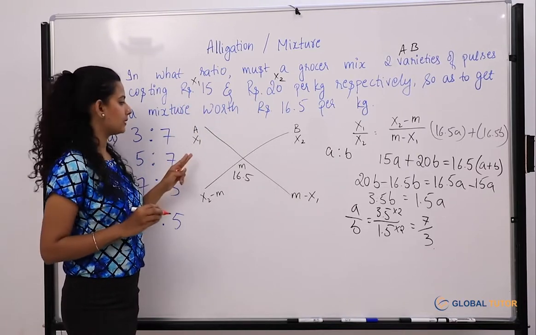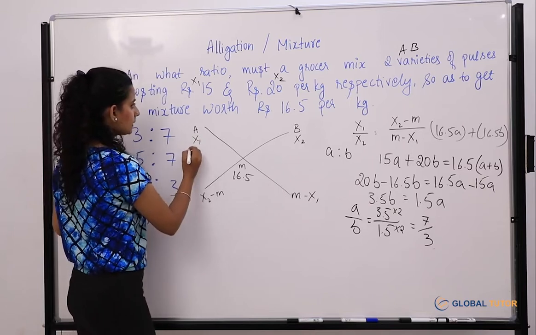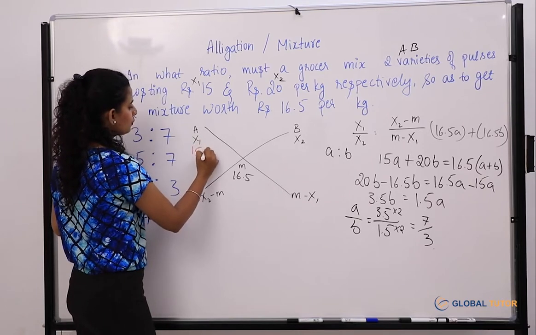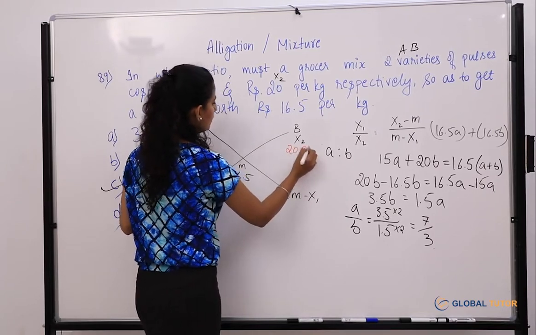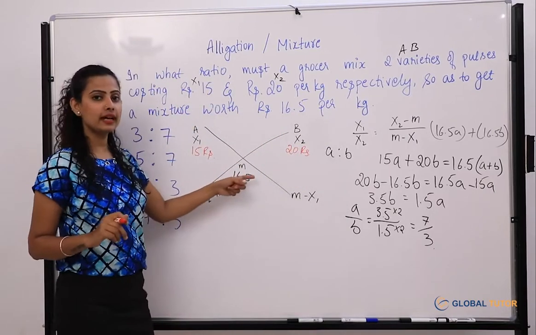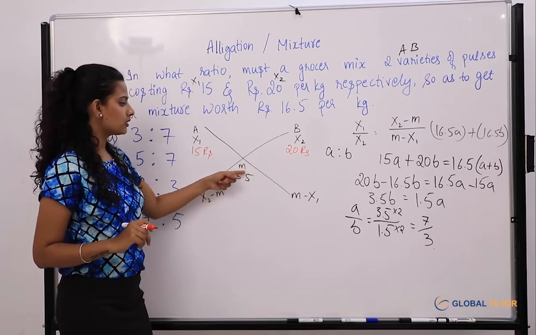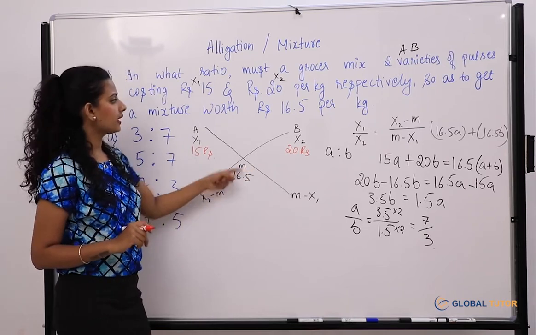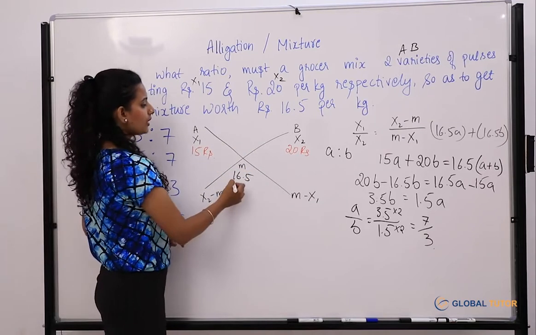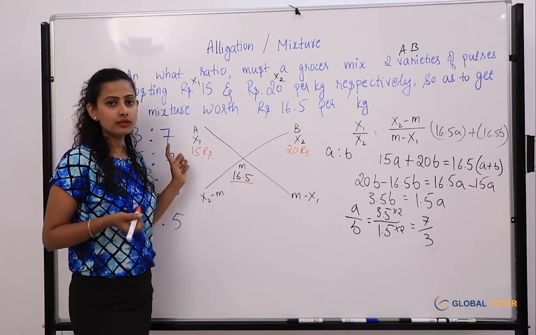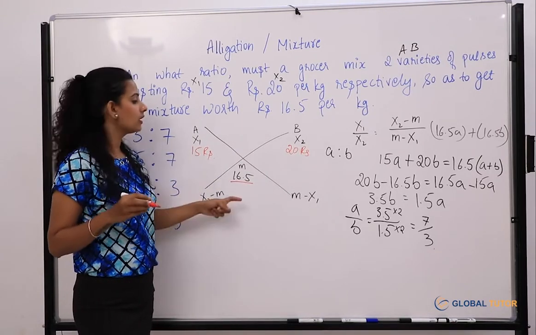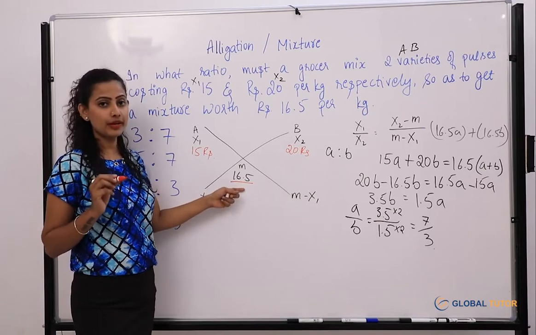So, that's the parameter. So, let's call them as X1 and X2 which is 15 rupees and 20 rupees. When they both are mixed, we are getting an average mixture. So let's call it as M, and that is rupees 16.5. We have mixed these two substances in such a way to get an average 16.5.